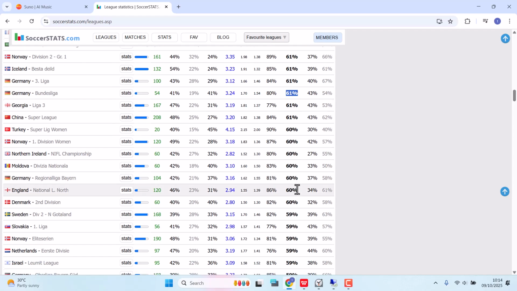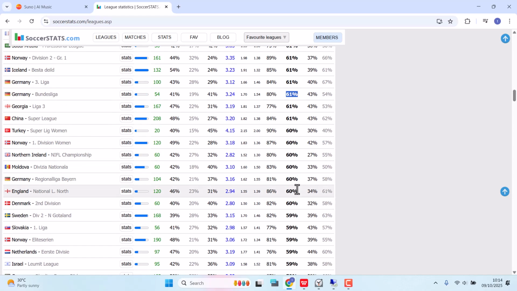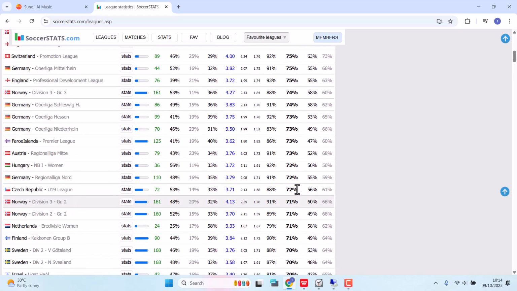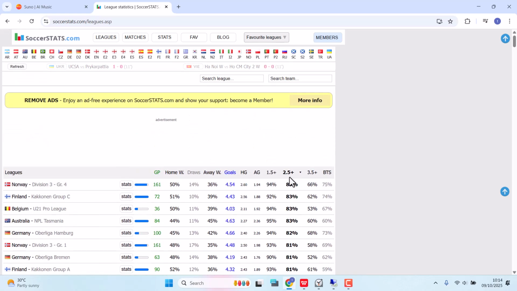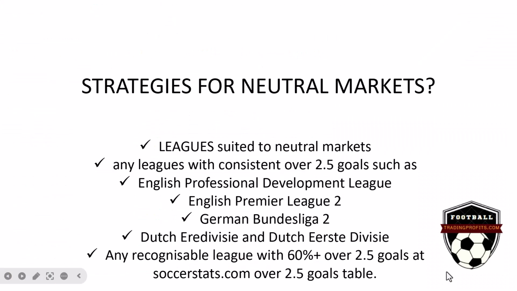And that's the cut-off. So you can see there's plenty of recognisable leagues in the upper echelons of the 2.5 goals tables. And my list mirrors what I just passed on to you exactly, doesn't it, really? Professional Development League, Premier League 2, Bundesliga 2, Eredivisie and Dutch Eerste Divisie. Just straight off the top of my head and vindicated by the stats at soccerstats.com.